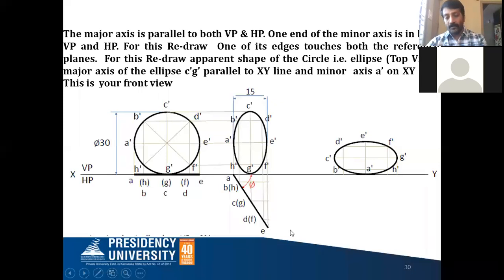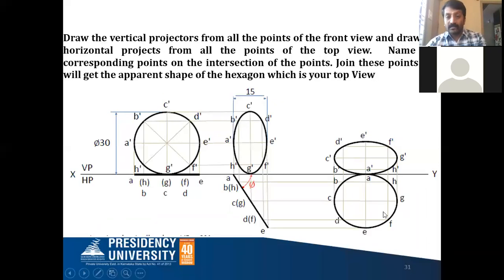Front view. From the top view, you just have to keep on drawing the vertical projectors from the front view like this, and keep on drawing the horizontal projectors from all the points of the top view like this. Coincide the points. So A is here and A dash is here.